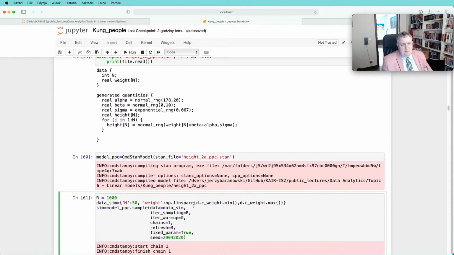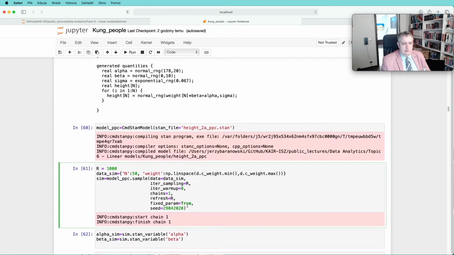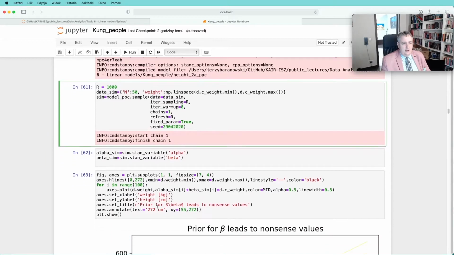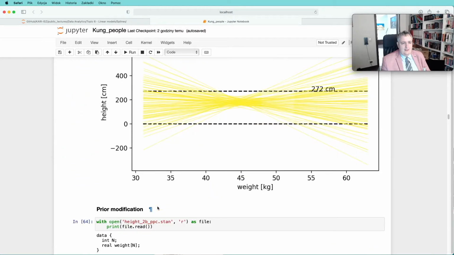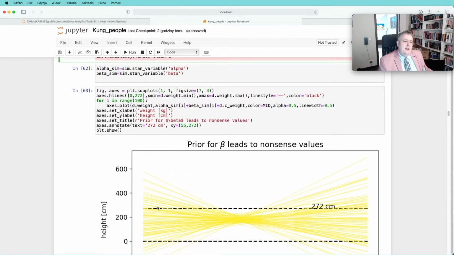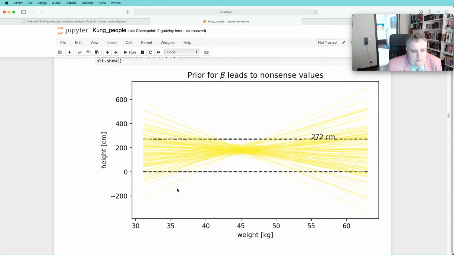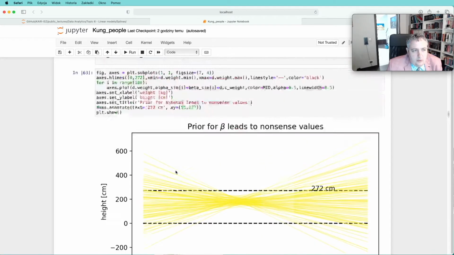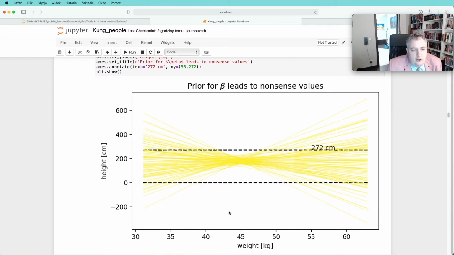So again, we are sampling, as always, 1000 samples, and we get our alpha and beta parameters, and we plot them. And we really have the problem that getting this prior for beta is not necessarily reasonable. This, of course, is a plot returned to the original scale of weight. So we are not using centered weight here, but actual weight. What's the problem?